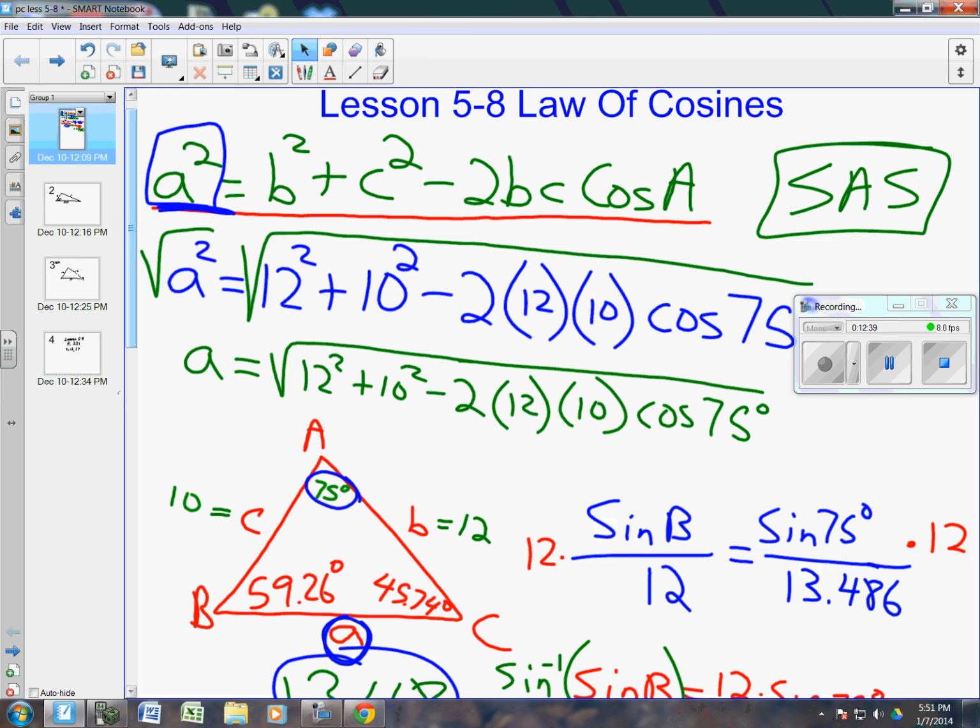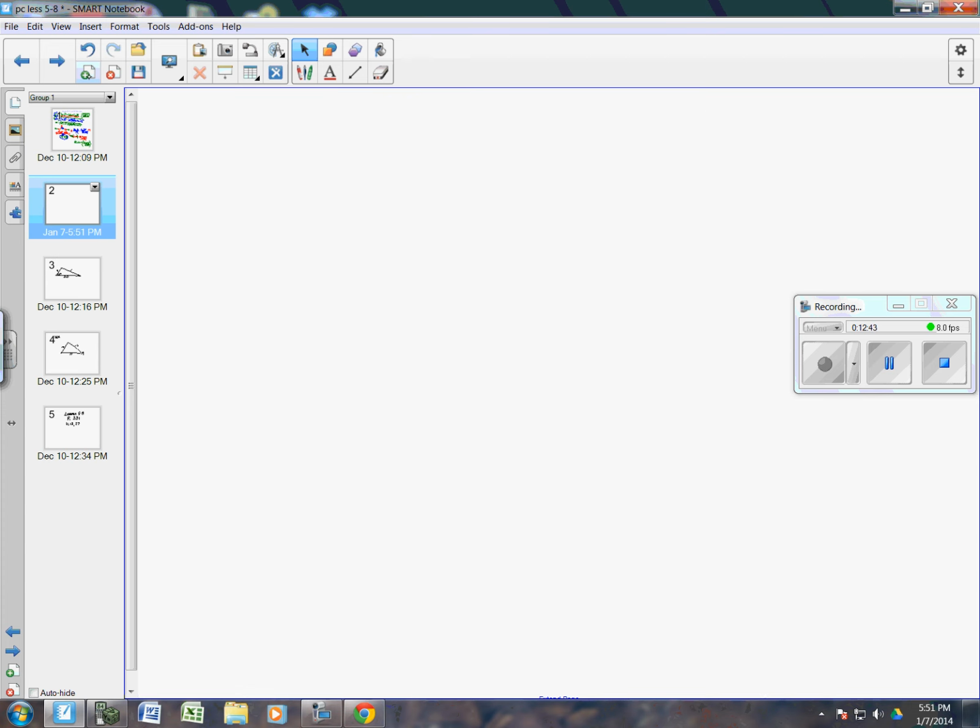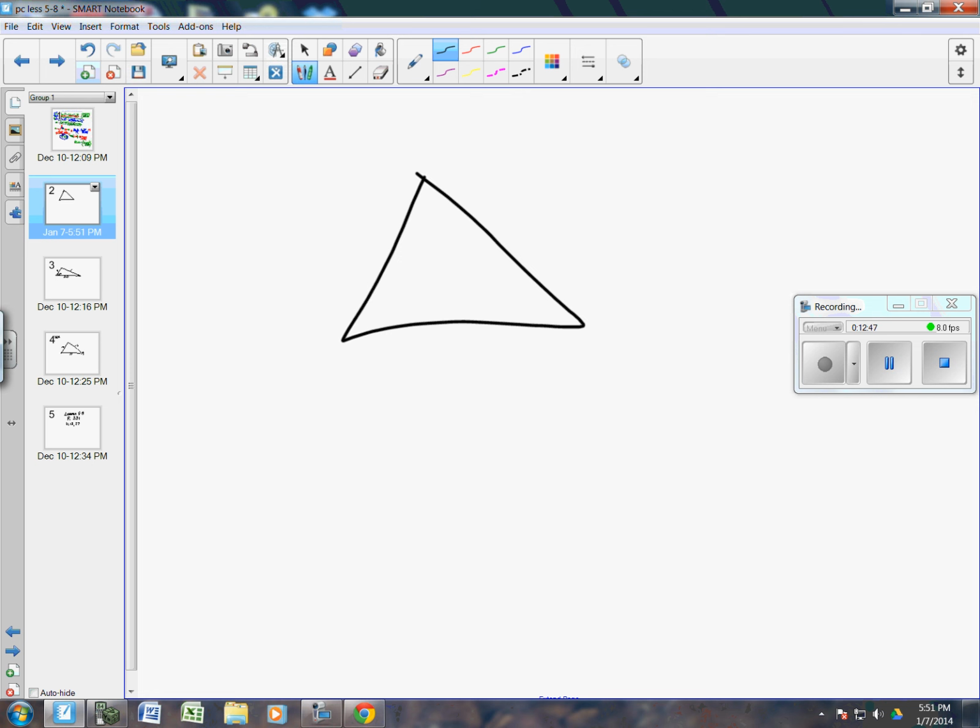Now, all you need to know is, because sometimes you might be given a triangle where, let's just do a generic triangle, and let's say we don't have the markings, we don't have A, B, and C, or let's say the angle we were given is B. Let's say we're given this angle right here, B, and let's say it was 48 degrees, and we have the two sides containing that angle.